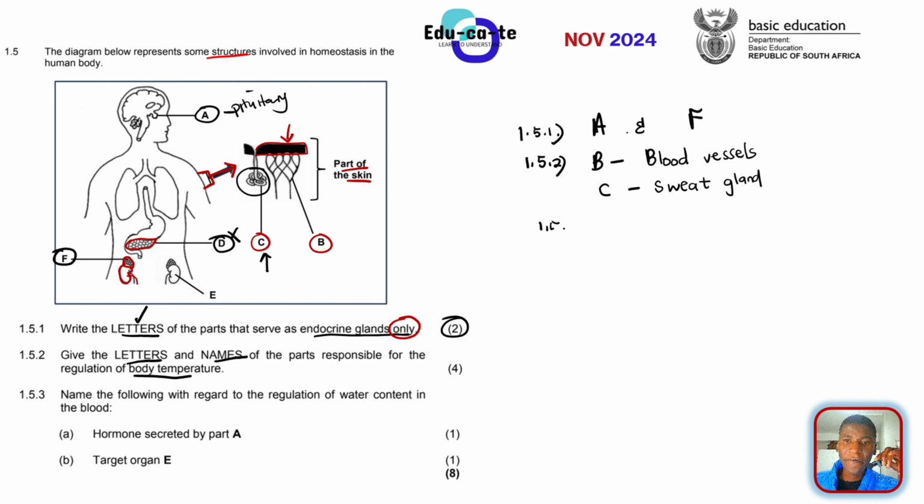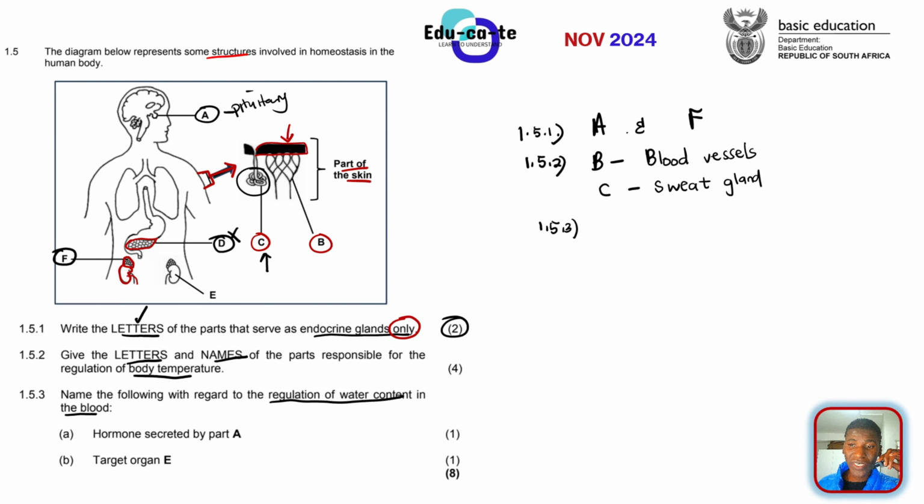Then now 1.5.3 says, name the following with regard to the regulation of water content in the blood. Remember, the regulation of water content in the blood is known as osmoregulation. So now they say name that part according to that.